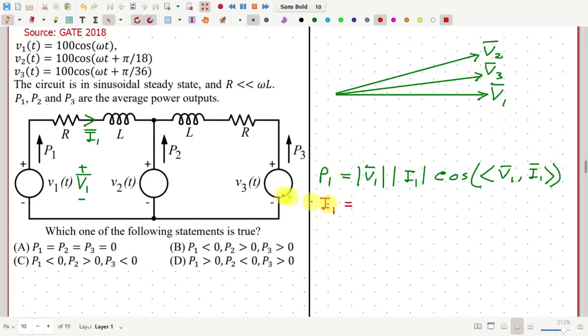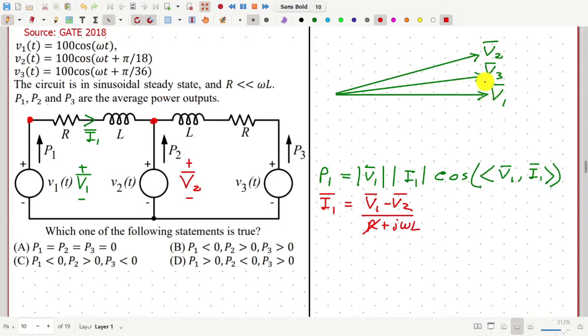So this current I1 is equal to V1 minus V2, if V2 is the phasor voltage for the second source, divided by R plus j omega L. But R is negligible compared to omega L, so we can ignore it. Then let us draw I1.